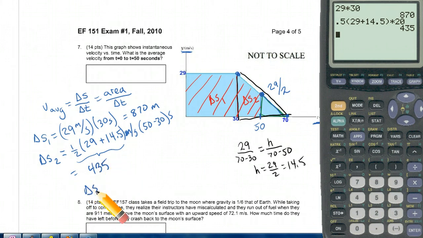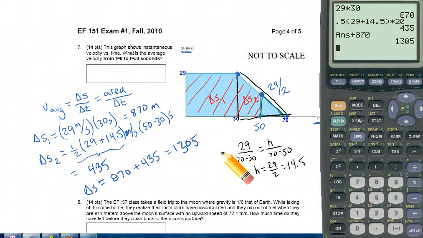So my total delta S is 870 plus 435, 12, 1305. Let's make sure that's right. Plus 870, 1305, and units of meters. 3 significant digits is that.